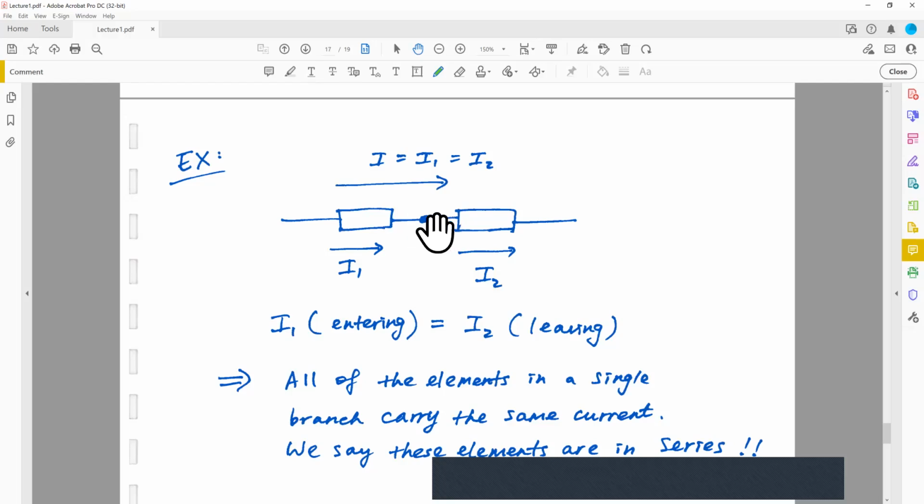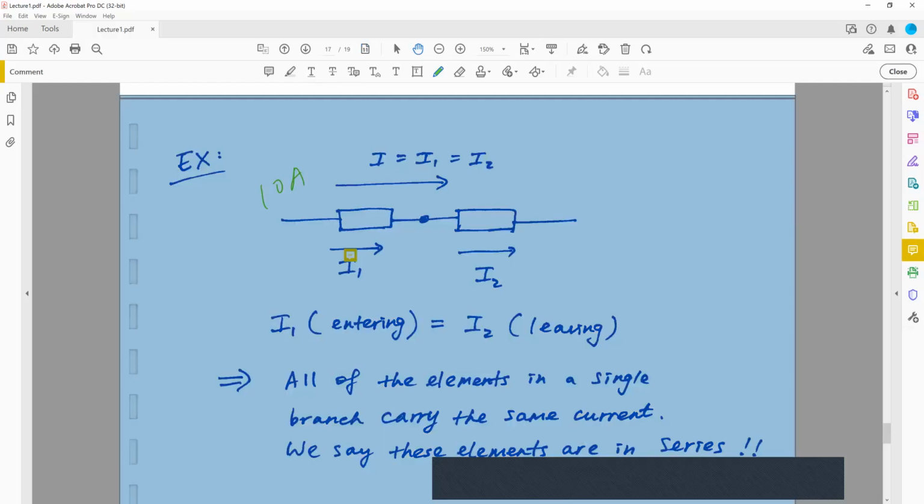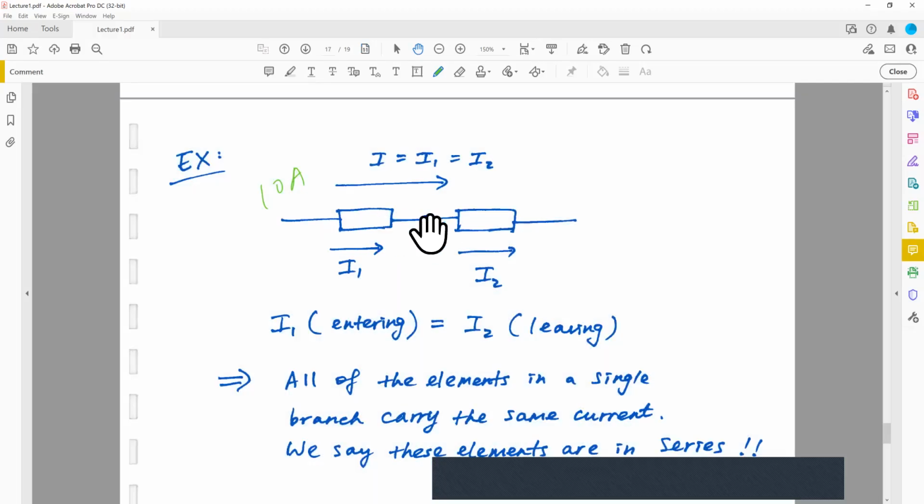So now if I inject a current I, let's say 10 amps, it's very intuitive to say that I1 and I2 are the same. If I1 is 10 amps, then I2 will be 10 amps because they are in series, and these two elements basically share the same current, which is 10 amps, right?